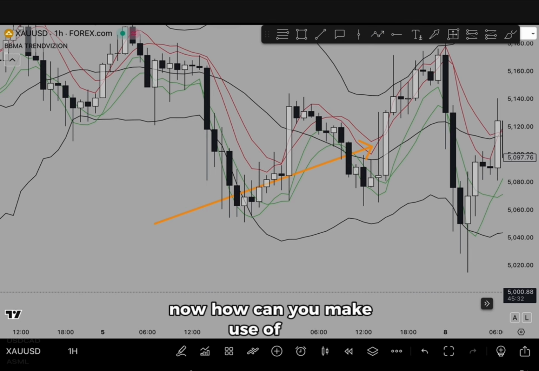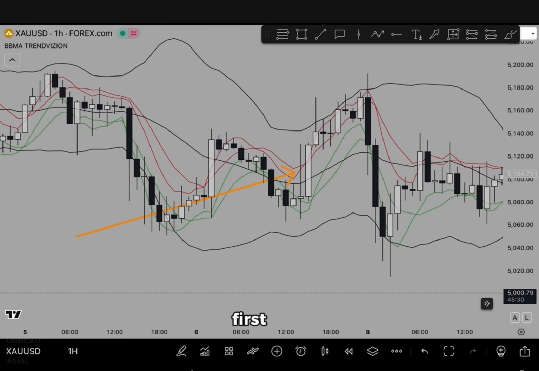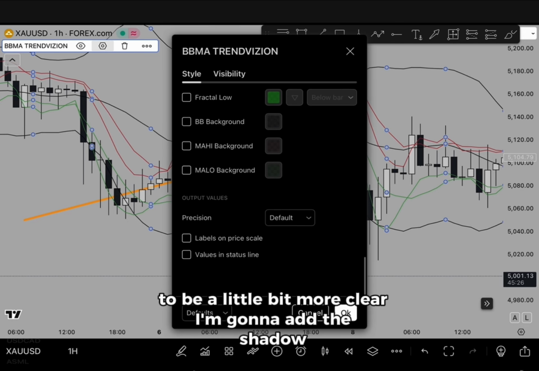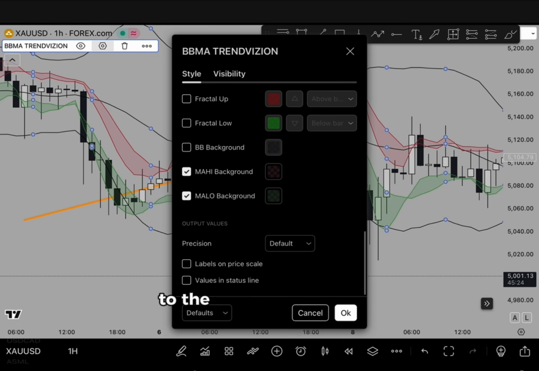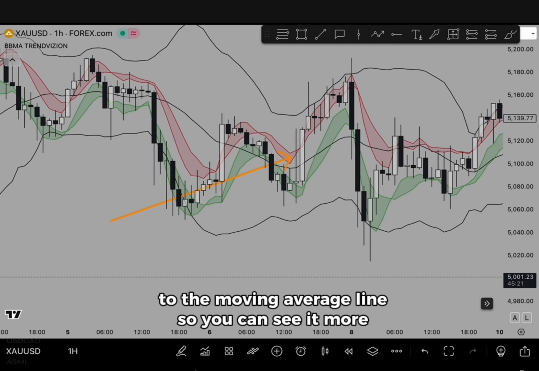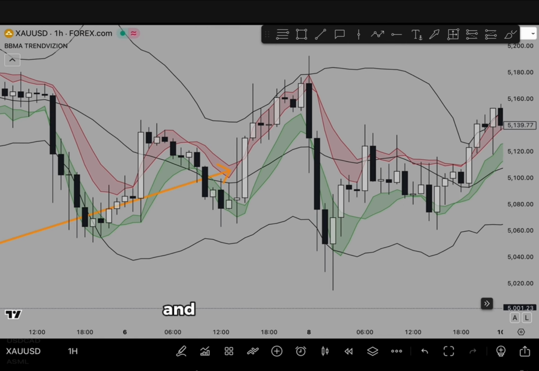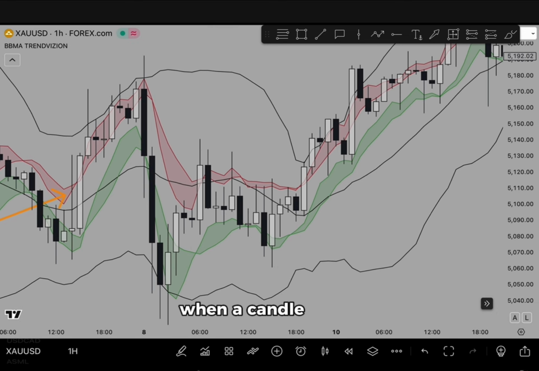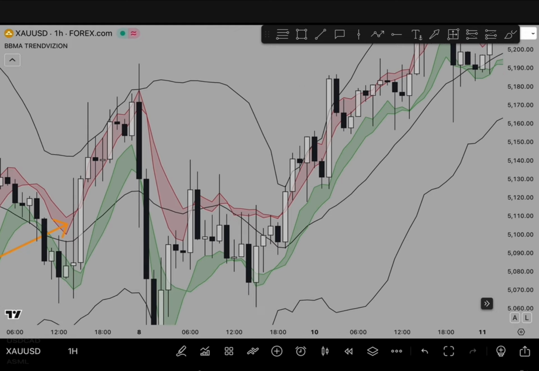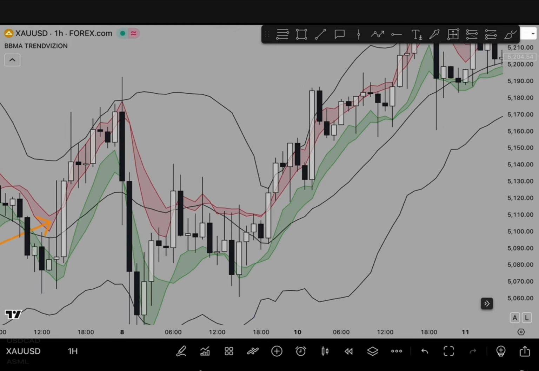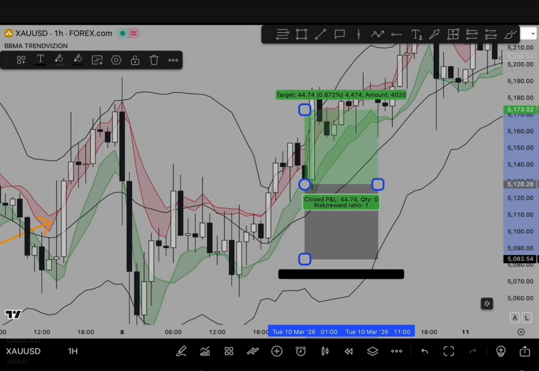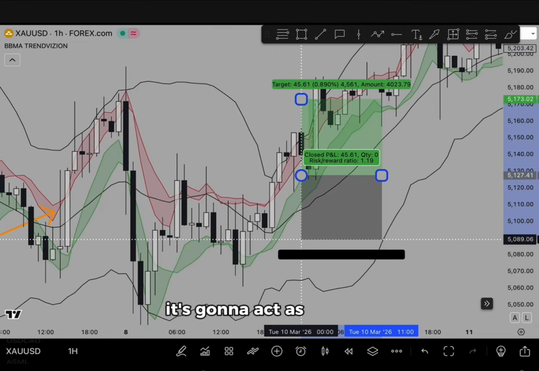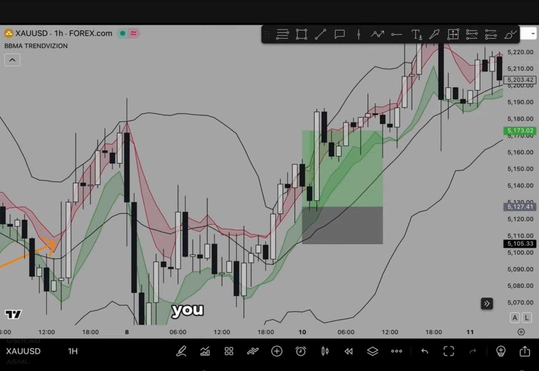Now, how can you make use of this? First of all, to be a little more clear, I'm going to add the shadow to the moving average line so you can see it more clearly. The main idea is that when a candle closes above the moving averages, and it tests the moving average on the low side, it's going to act as support, and you get something like this.